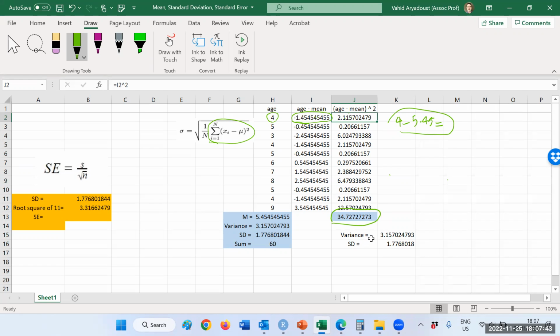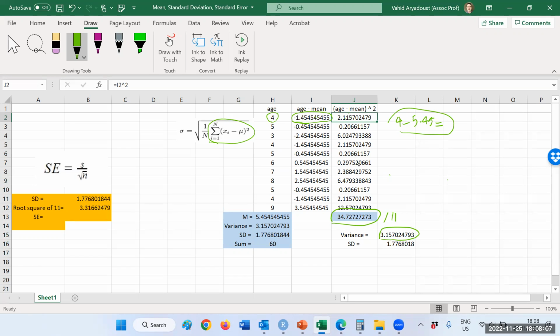At this point, then we need to go on and divide it by the sample size. So 34.72 divided by 11, which is our sample size, gives you an index, whatever it is. That index, which I've already calculated here, is also referred to as the variance of your data.